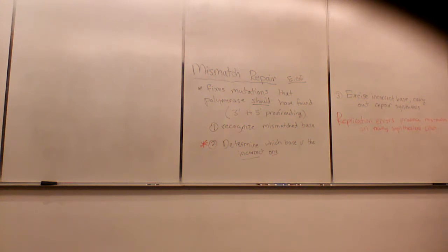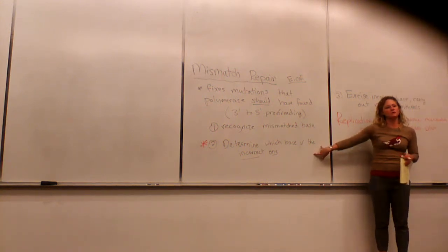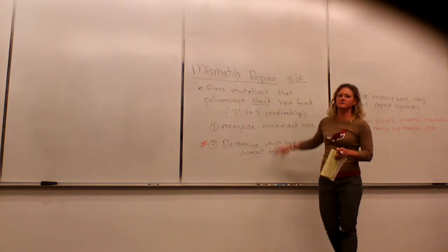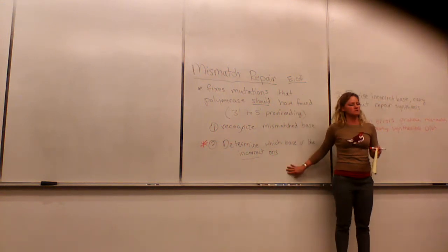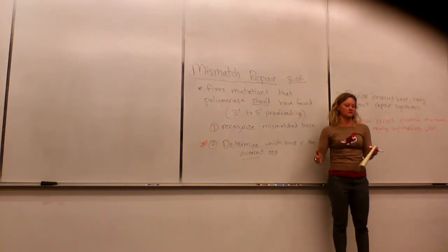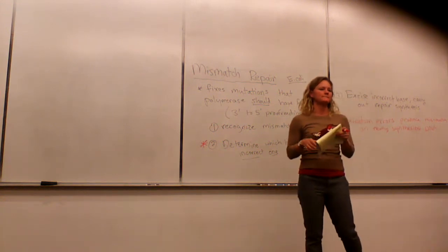So as we're undergoing replication, when we see a problem, an incorrect base stuck in, this repair system has to determine which base is the incorrect one. Really what we're saying is these repair proteins have to distinguish between template, original strand, and newly synthesized strand somehow. There has to be a marker on it that shows this one's template, this one's newly synthesized.